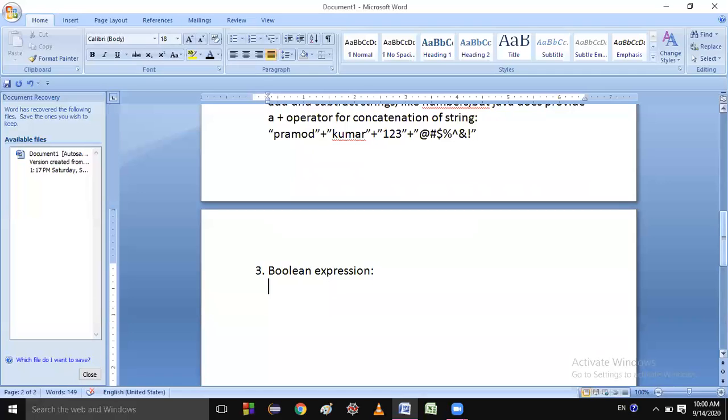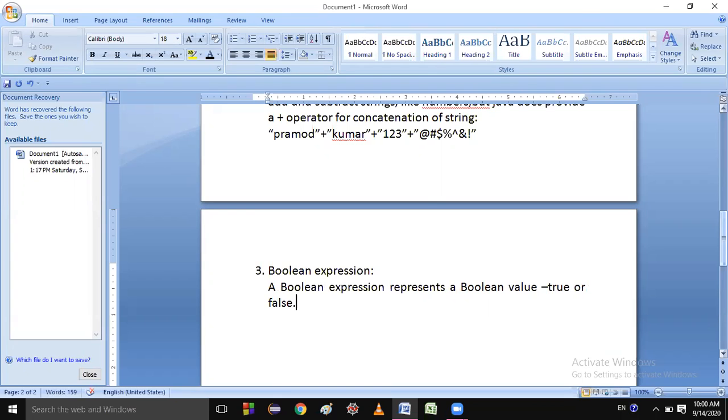A Boolean expression represents a Boolean value, which can be true or false.